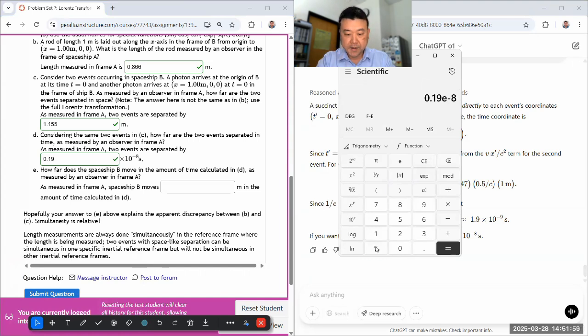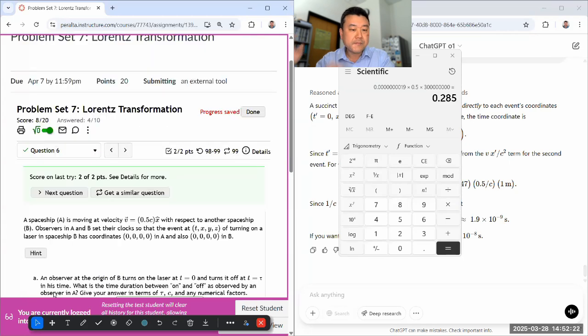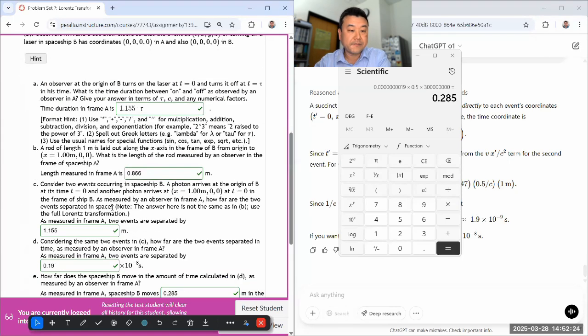You multiply that by speed, which will be 0.5c, so 0.5 times 3 times 10 to the power of 8 meters per second. So that's how far the spaceship moves in that time. It moves 0.285 meters.